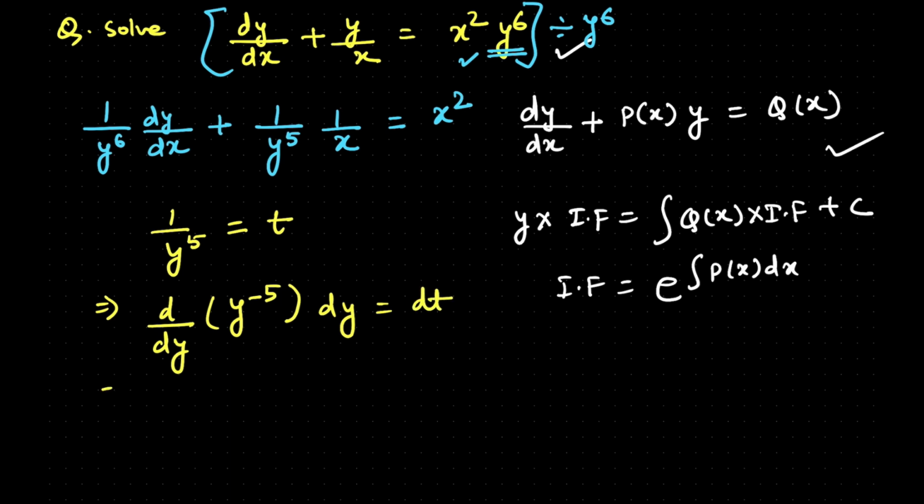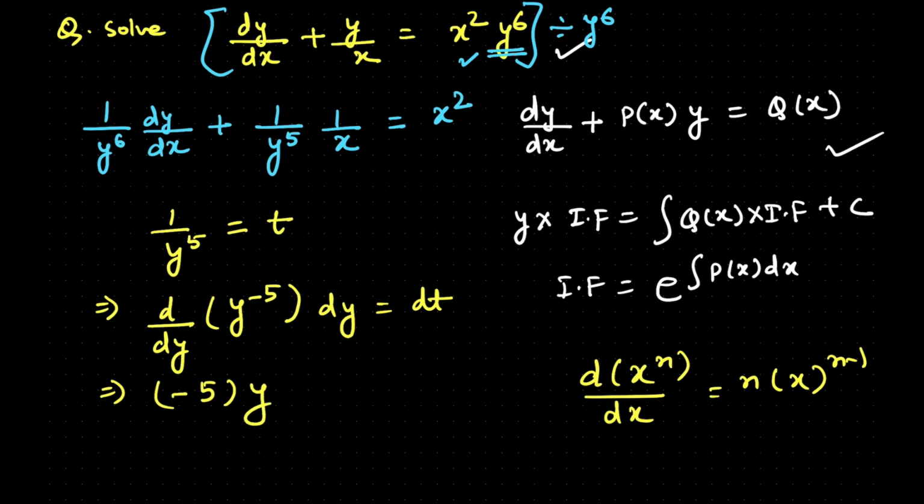We can use our formula that we have seen, where differentiation of x to the power of n with respect to x is n into x to the power of n minus 1. So here you will get minus 5 y to the power of minus 5 minus 1 into dy is equal to dt.